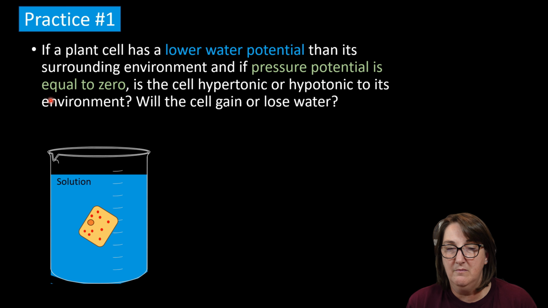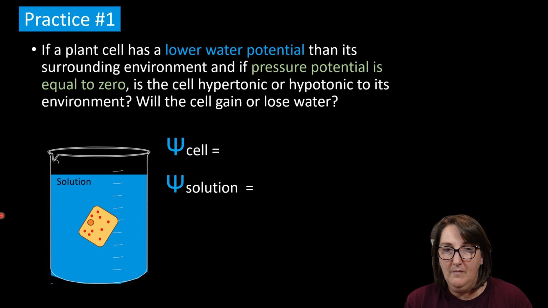My pressure is 0, so I don't really have to worry about that right now. So what's going to happen? Where is my water going to go? Where do I have more concentration of water to less? Because I'm going to go from more concentration of water to a lower concentration of water. So I look at my cell. Let's just play with some numbers.